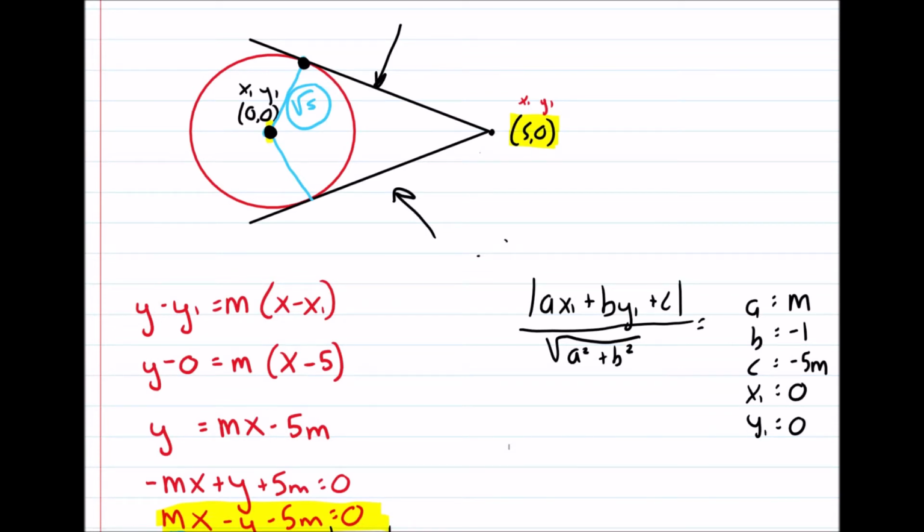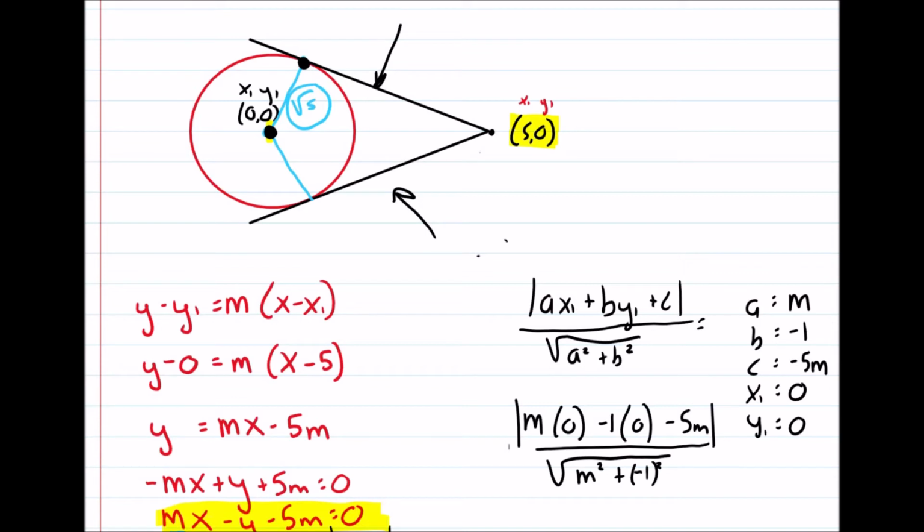A is m, x1 is 0, plus b is minus 1, y1 is 0, plus c, which is minus 5m, all over the square root of a squared, which is m squared, plus b squared, which is minus 1 squared.